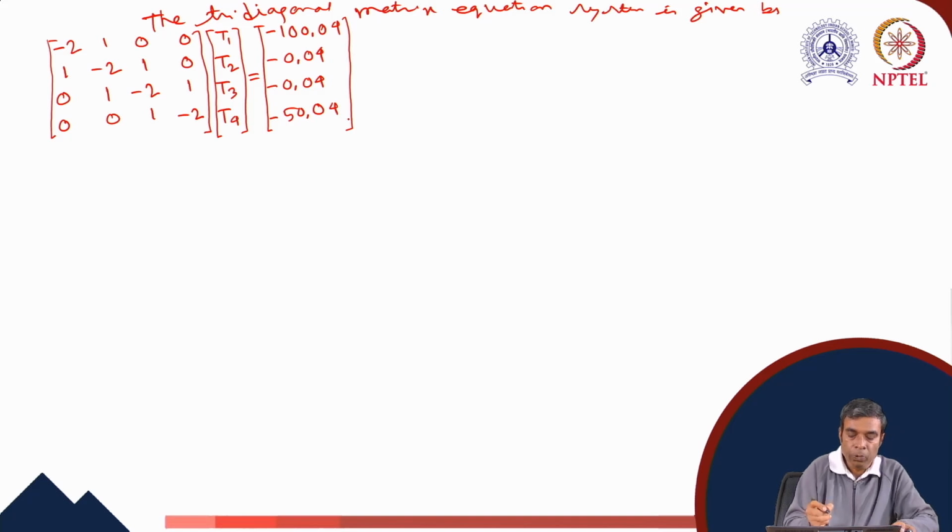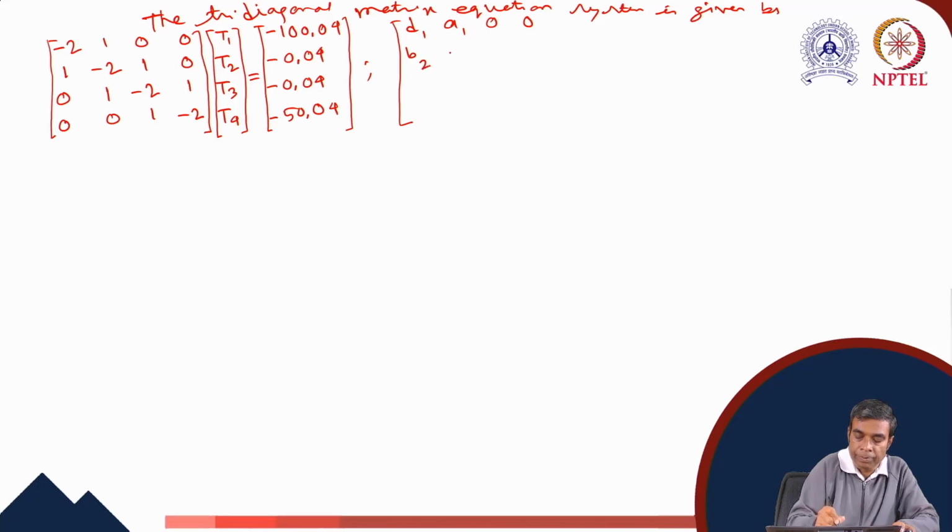So we have the variables in the variable form as D1, A1, 0, 0; B2, D2, A2, 0; 0, B3, D3, A3; 0, 0, B4, D4.